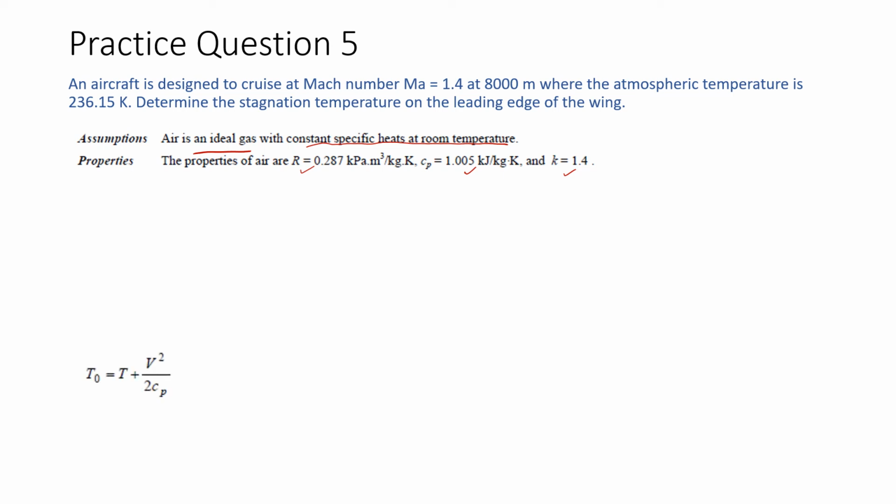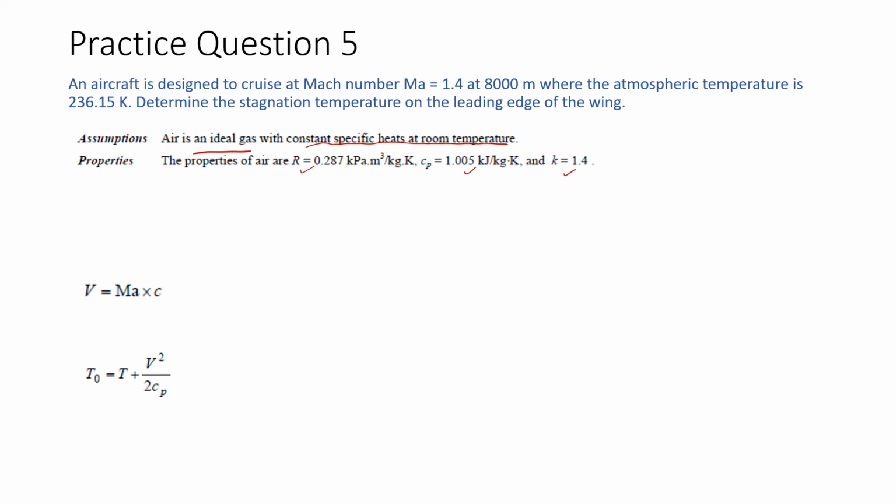So for stagnation temperature, what you ultimately need is this equation. One of the earliest equations we looked at last week. This is the version expressed in terms of velocity. To find this, you have one property missing, which is velocity.